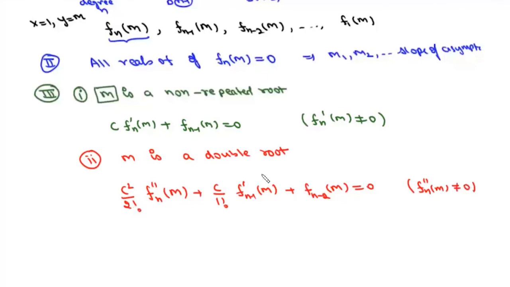So for a double root, we have this quadratic equation in c, for which we'll get two values of c, and thereby we'll get two asymptotes as y equals mx plus c1 and y equals mx plus c2.